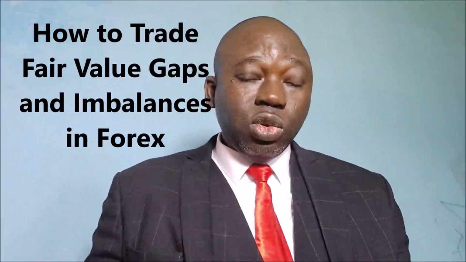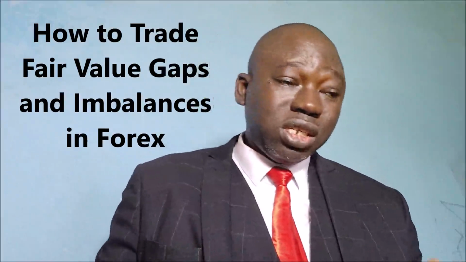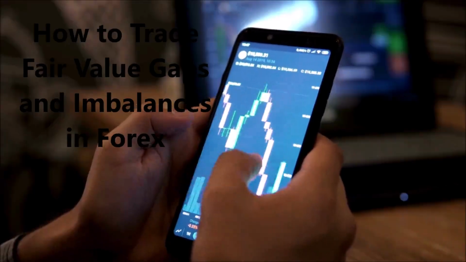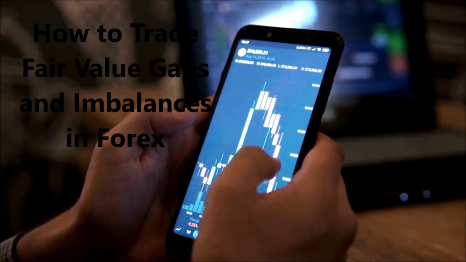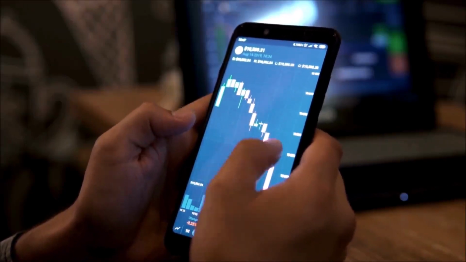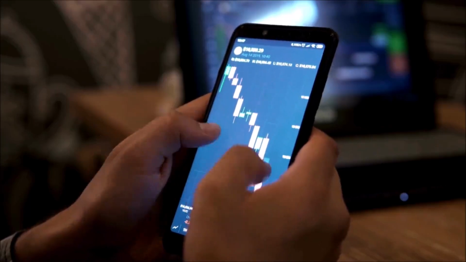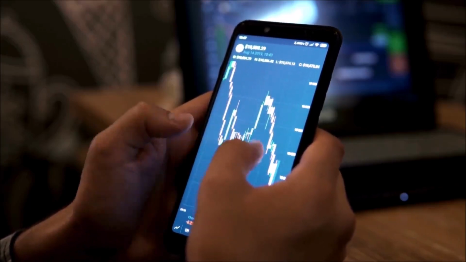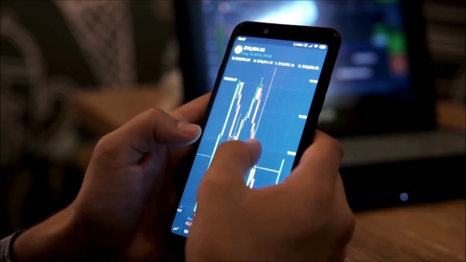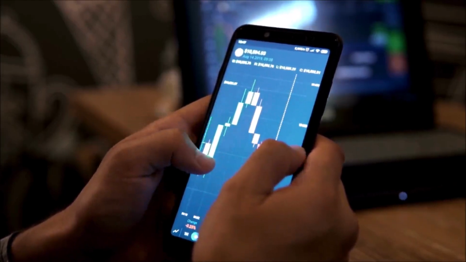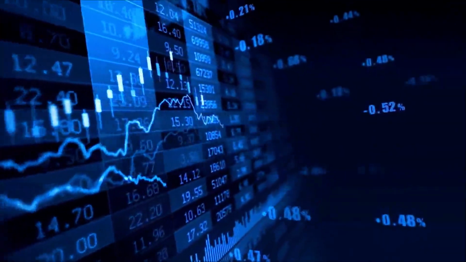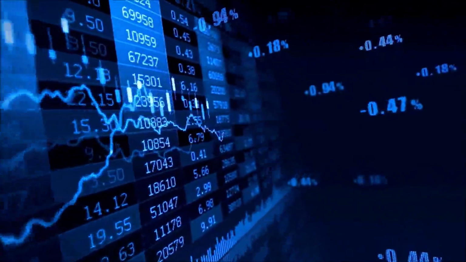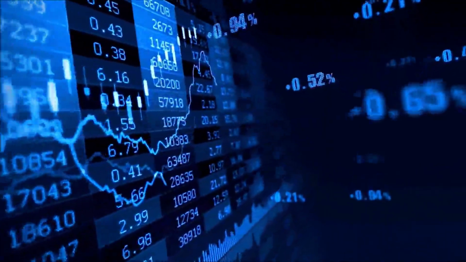Among the most powerful concepts used by institutional traders, also known as smart money, is fair value gaps, sometimes also referred to as imbalances. These concepts help traders understand why price makes sudden moves, why the market often comes back to certain zones, and how institutions enter and exit positions efficiently.